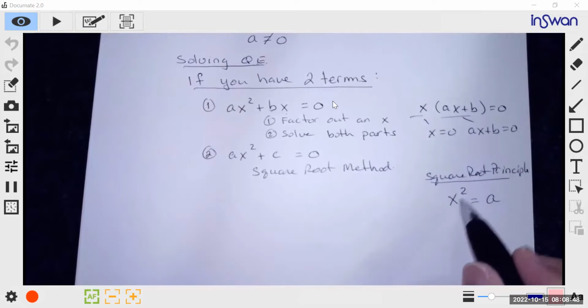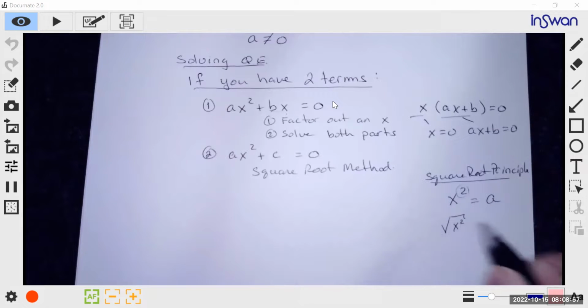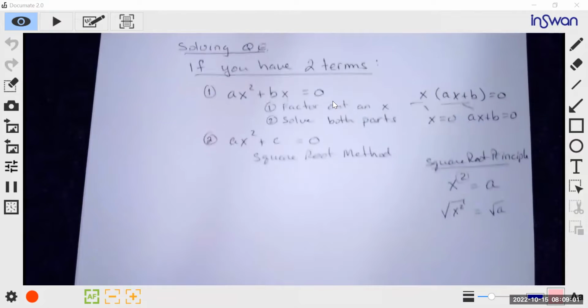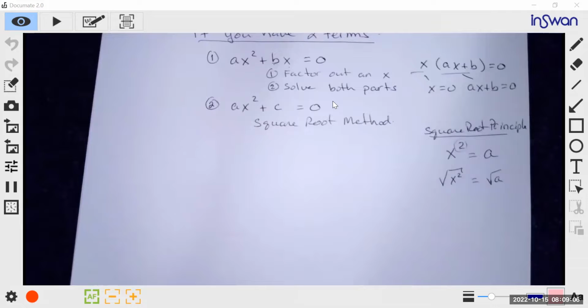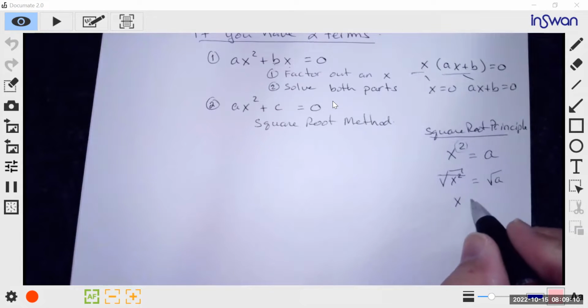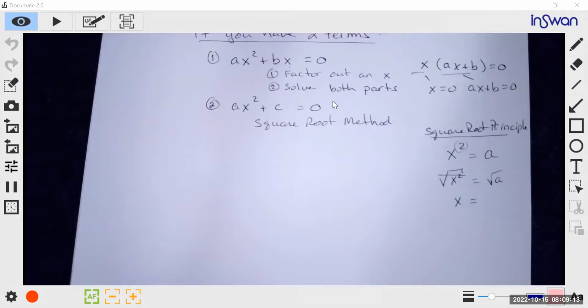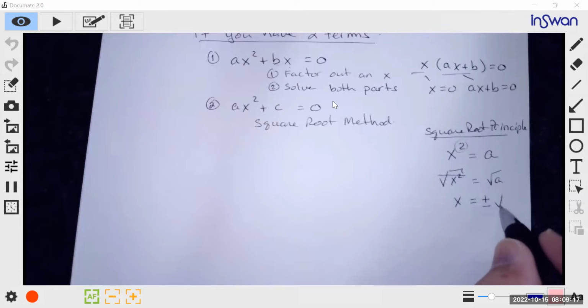If I have a term that's squared, x squared equals some number a, the way you get rid of the square is by square rooting both sides, because the square root and the square are inverses. They cancel each other out. So those cancel out. And what you're left with could be a positive or a negative of the square root of the answer.